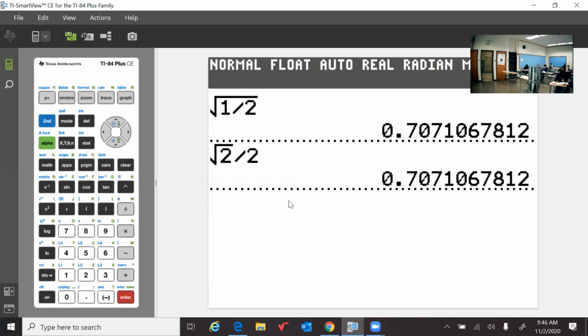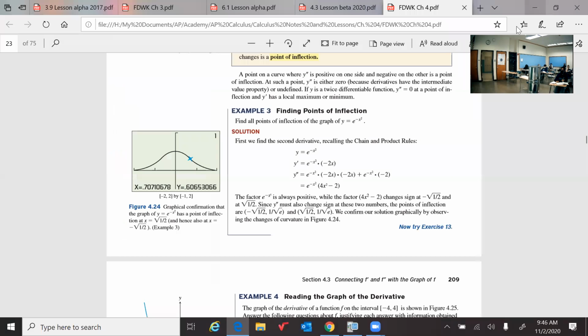There's two ways of writing the same thing. Okay? So now what? Well, we want to confirm what's going on in here. We have a sign change. So we have to go to values to the left in here and to the right. The square root of 1/2, which we saw was 7/10. So we could go to -1, 0, and 1. Make sense?